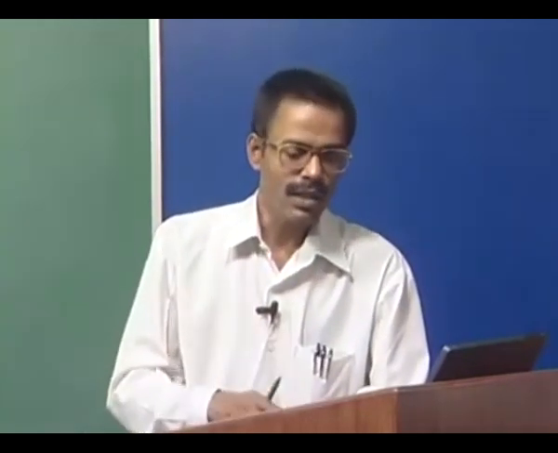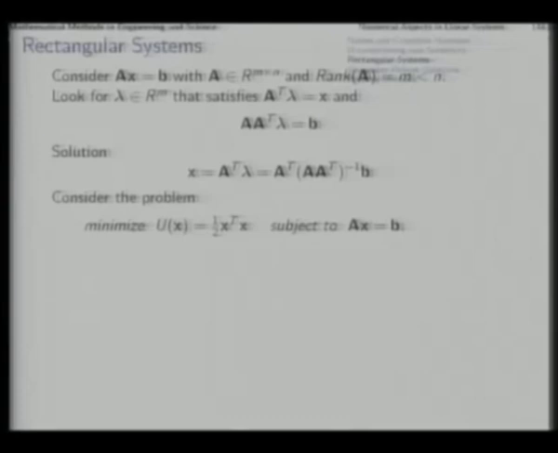To discover that meaning, again you consider this small optimization problem. This is a constrained optimization problem. You try to minimize the size of the solution itself, half of x mod square, subject to these equality constraints, which is actually the system of equations that you wanted to solve.